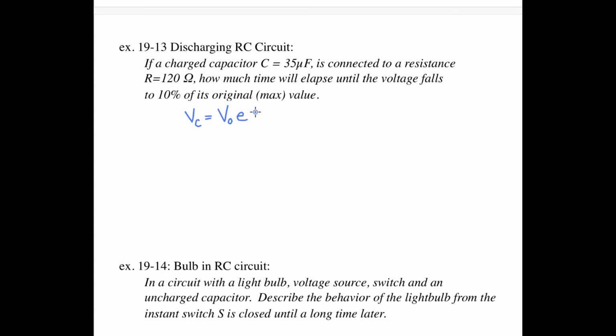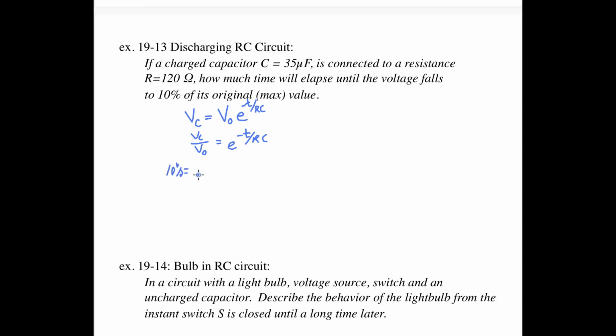So the voltage of the capacitor equals the initial or full voltage of the capacitor, before you close the switch, open the floodgates. And so we have this formula. Again, we are going to bring this over, and we want a comparison of the capacitor's current voltage to the max. We're going to say that value is going to be 10%.